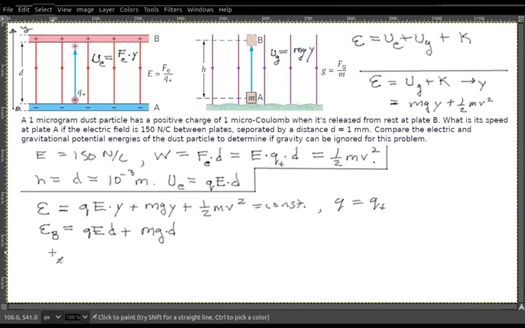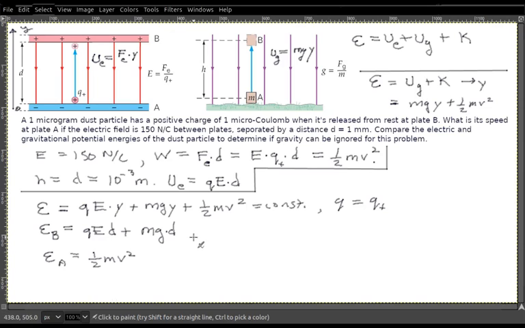Now what about at plate A? At plate A, all the potential energy gets converted to kinetic energy, right? Y is equal to 0, so those terms are 0, but this v is not 0 speed, it's zipping along, as 1/2 mv squared.